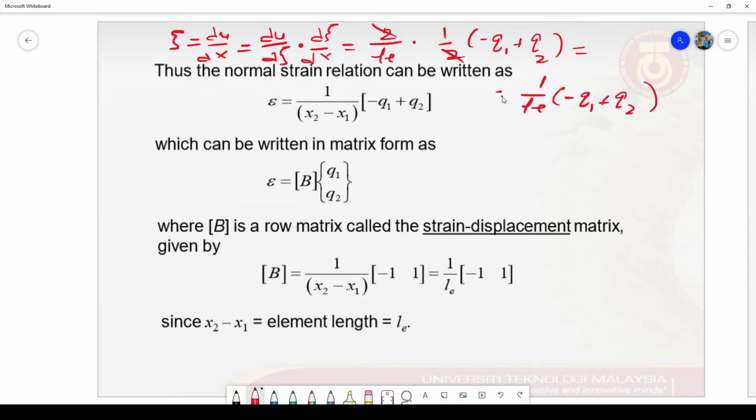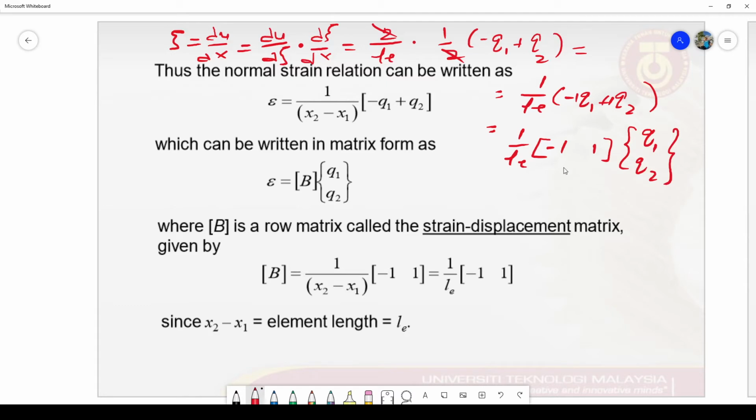Or we can further simplify this as 1 over le, then if we take the 1 and 1 at the front here, we have negative 1 and positive 1, and then we take q1 and q2 and put them in a column vector.